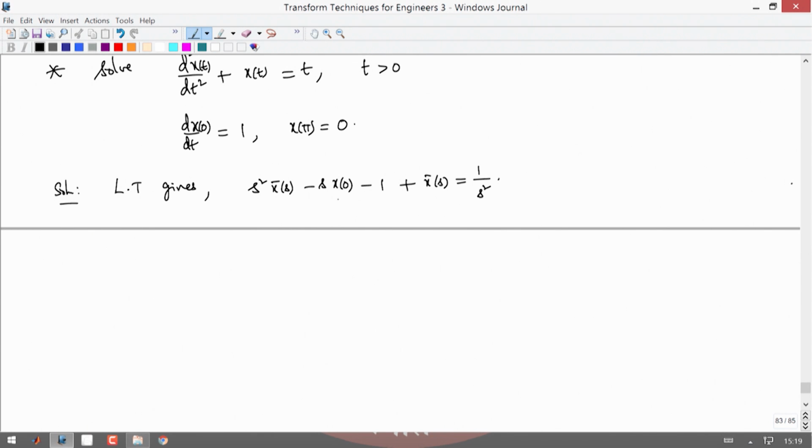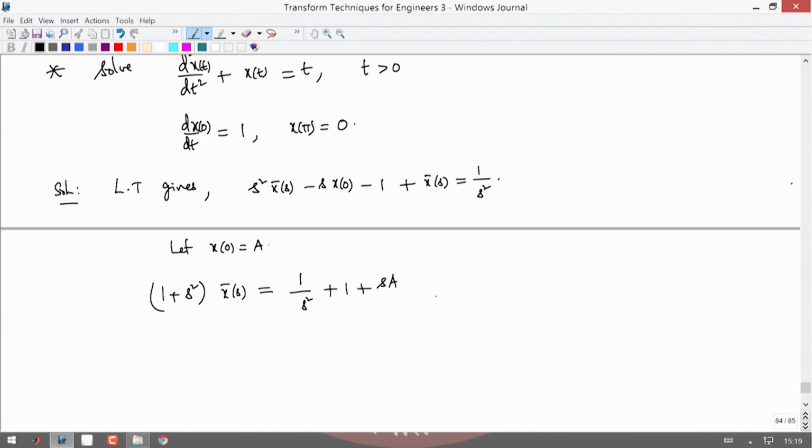So, x of 0 is still unknown. Let us say x of 0 is unknown, that is a. So, you have (1 plus s²) times x bar of s minus 1 is equal to 1 by s² plus s times a.